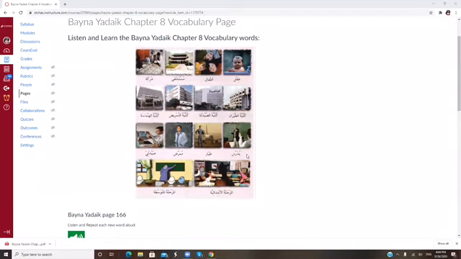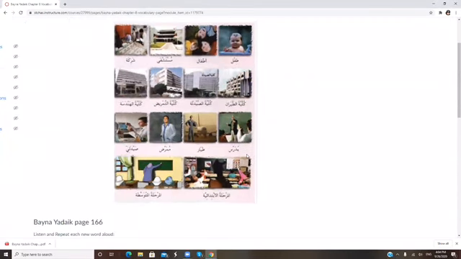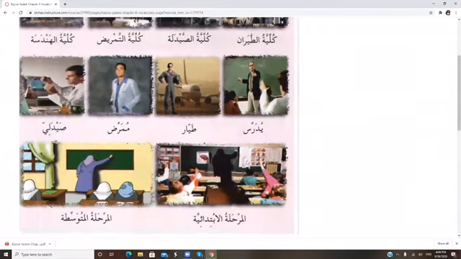Okay, next we have a verb, yudarisu. Now this is different from yedrusu. Let me make that a little bit bigger so you can see it. Yudarisu means he teaches, and it's what we consider in Arabic a form 2 verb. If you're looking this up in an Arabic dictionary, you're going to go to the root dal, ra, sin, darasa, and then it will give you a number of verb forms, labeled with Roman numerals.